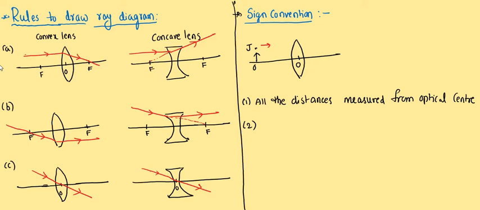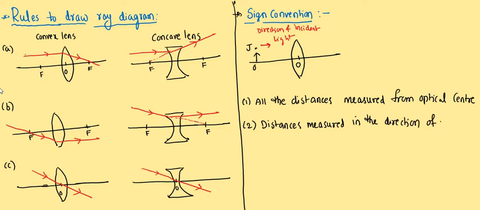Distances measured in the direction of incident light are taken as positive.